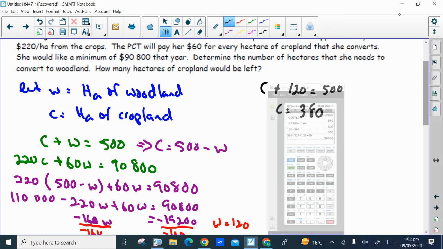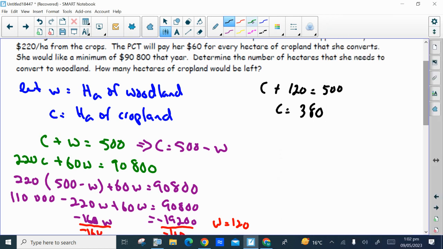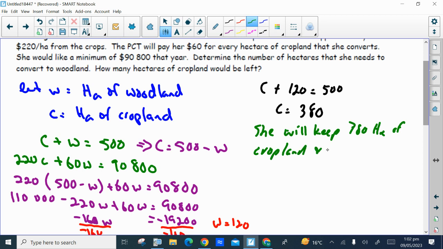So our numbers work. They satisfy both scenarios. And we will write our statement to say she will keep 380 hectares of cropland and convert 120 hectares into woodland.